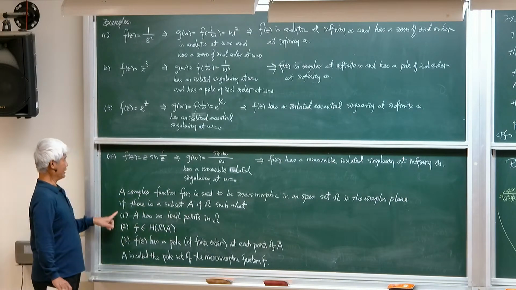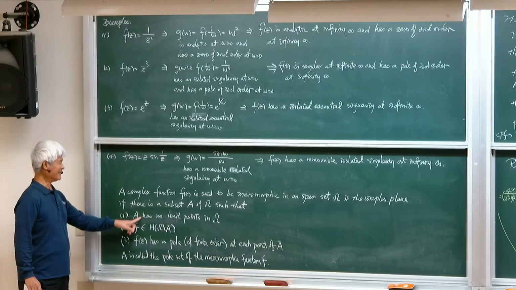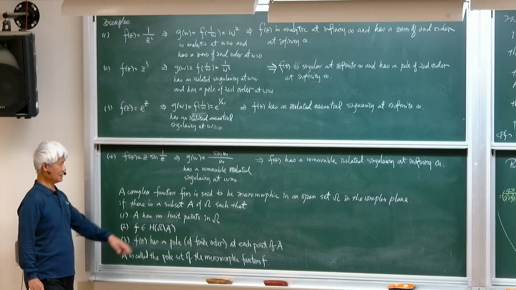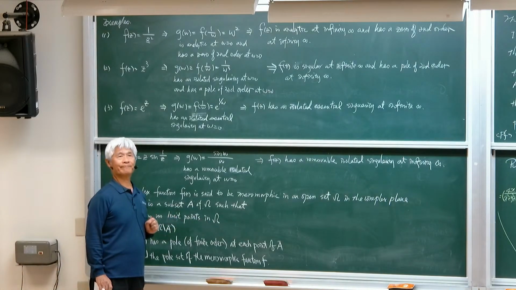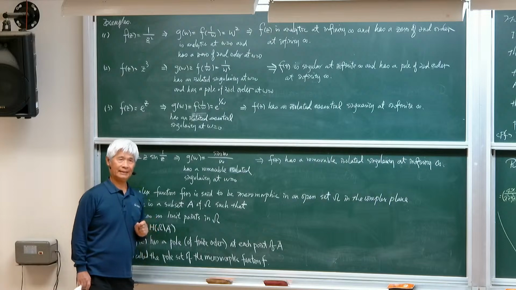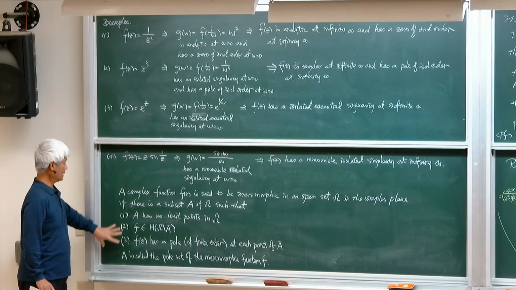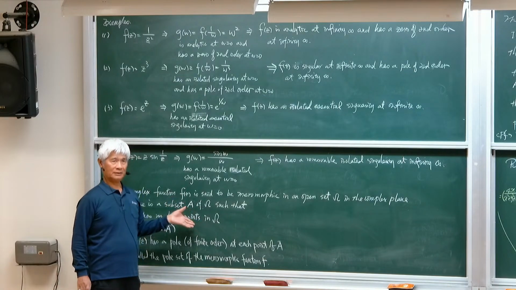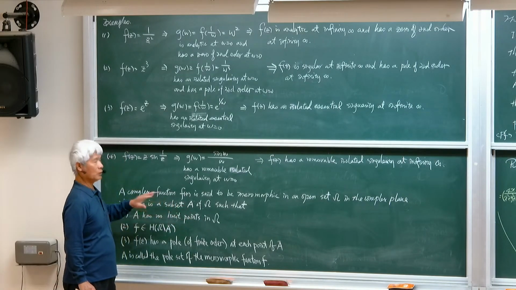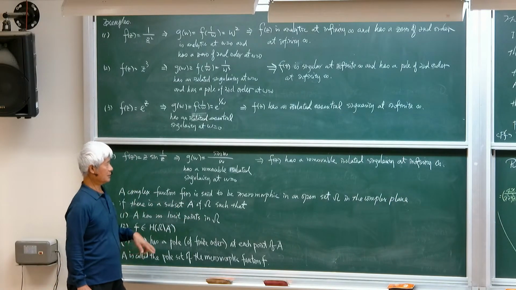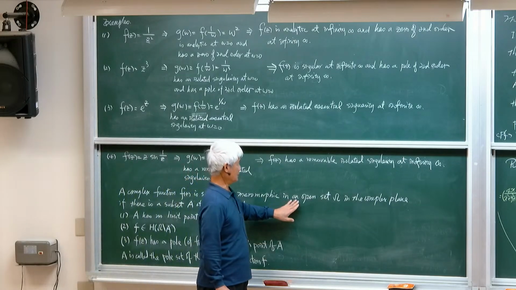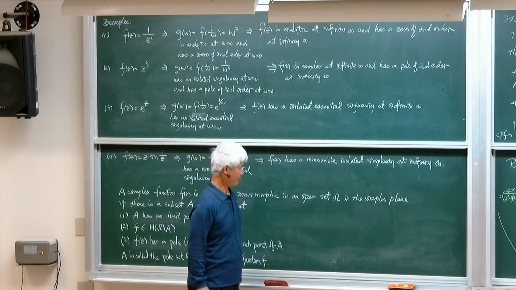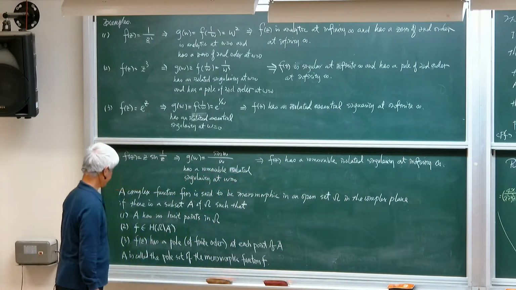And the most important thing is the first point. The set A has no limit points in omega. So if you have such a complex function, then it's called a meromorphic function in an open set omega.